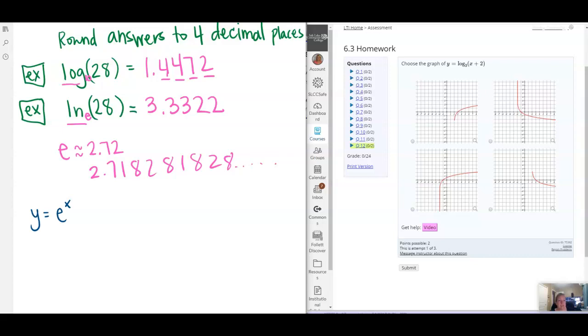The reason why it's called natural log is because exponential growth, it's really interesting, follows this. So it's not quite 3, the base isn't quite 3, but that's about what exponential growth is that happens in nature.